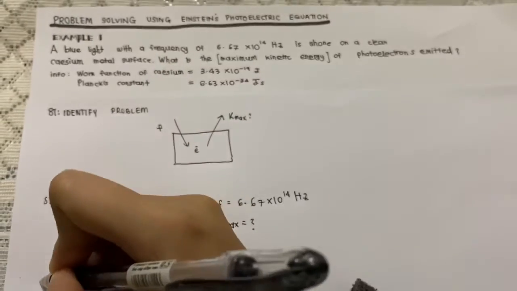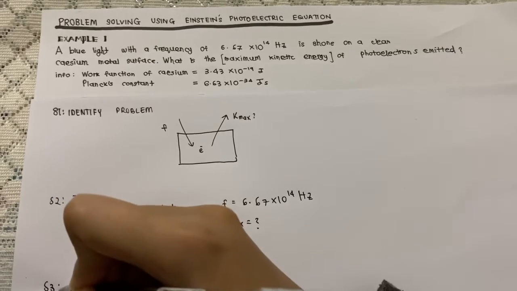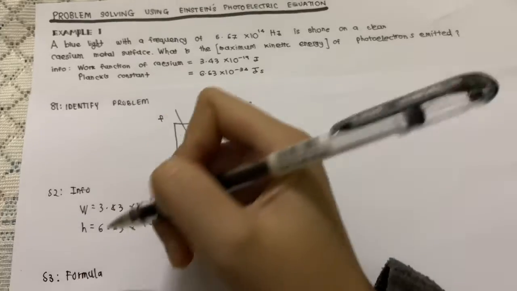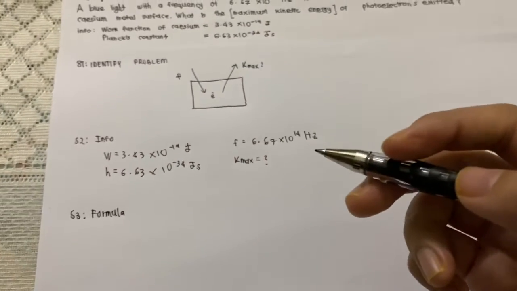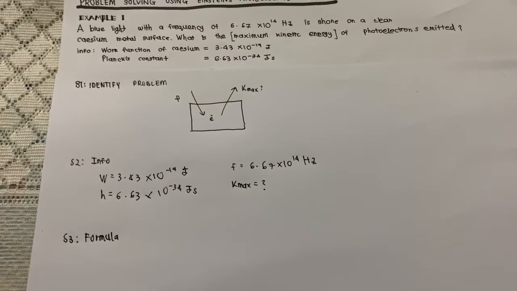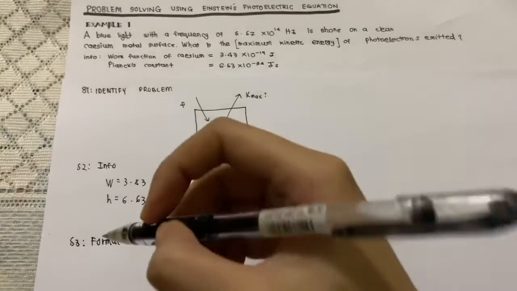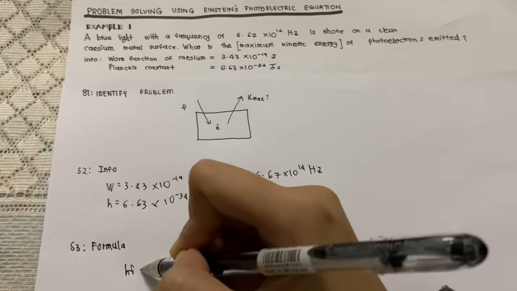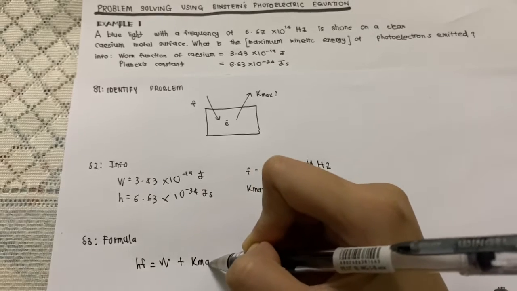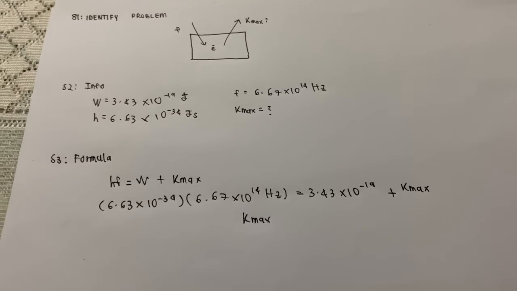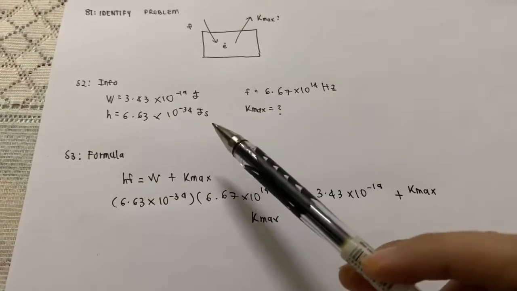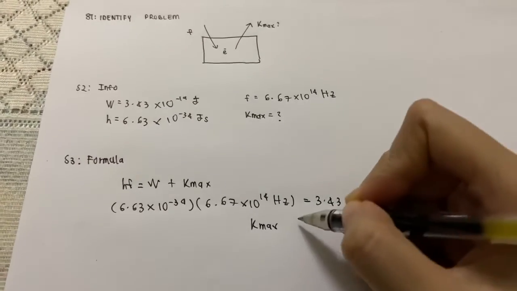For step 3, we need to identify the formula that we need to use. Based on this info, we need to use the formula hf equal to W plus K max, and then we can substitute the value from the info given to find K max.